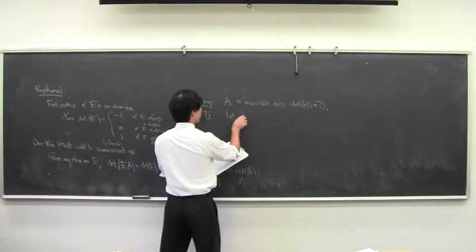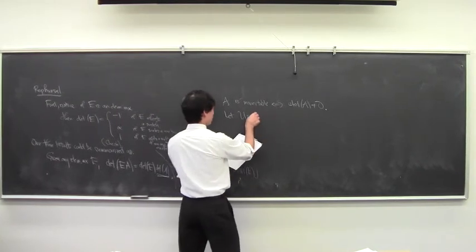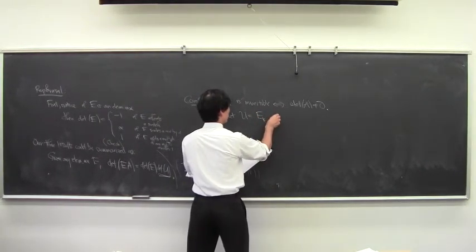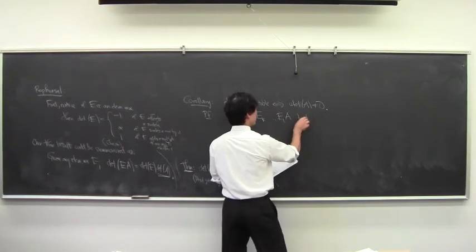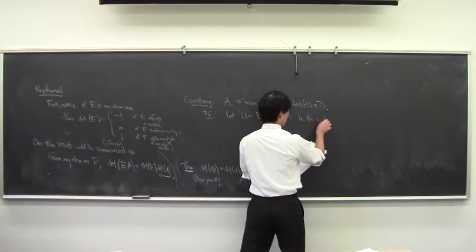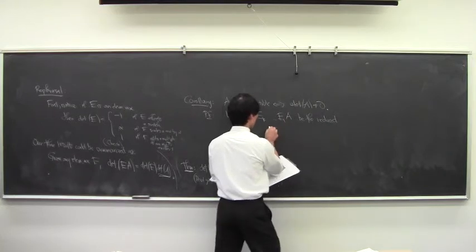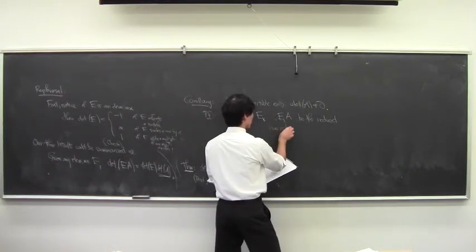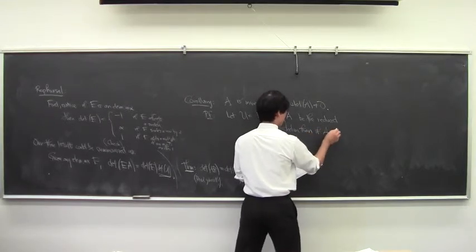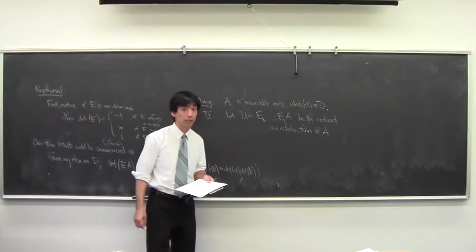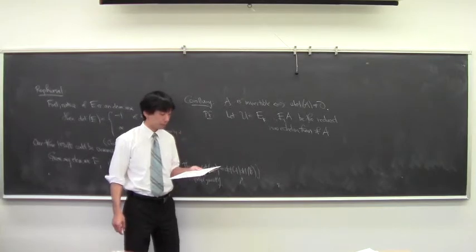Let U be the reduced row echelon form of A. Okay.